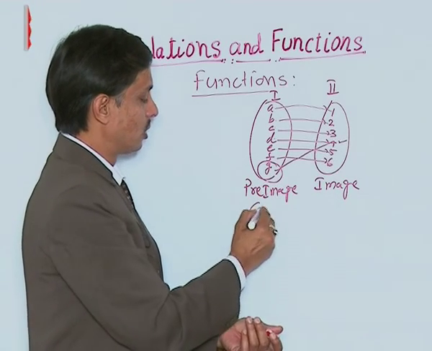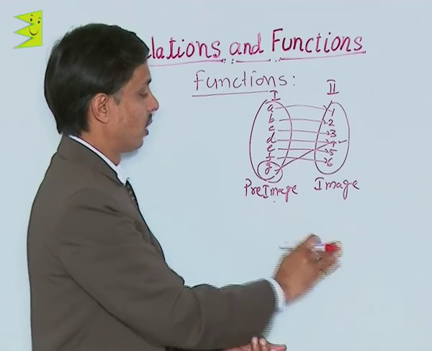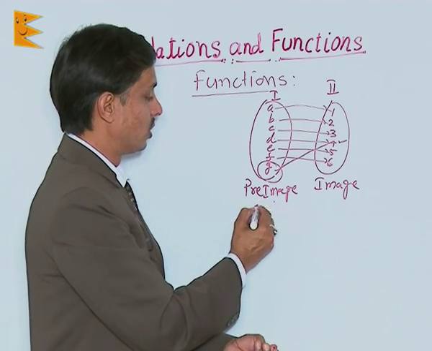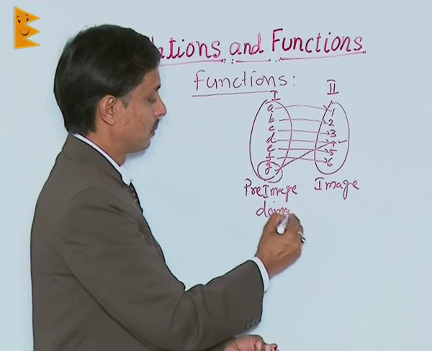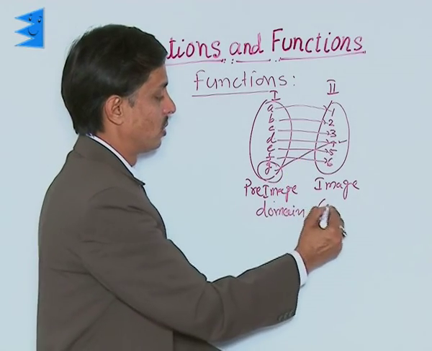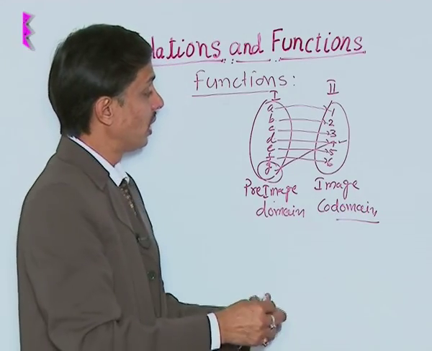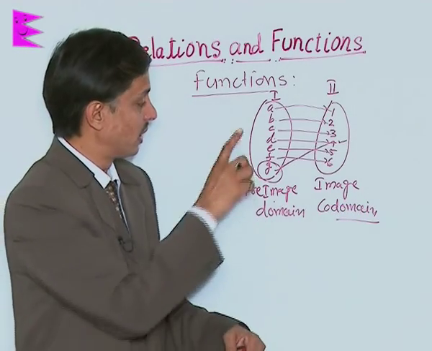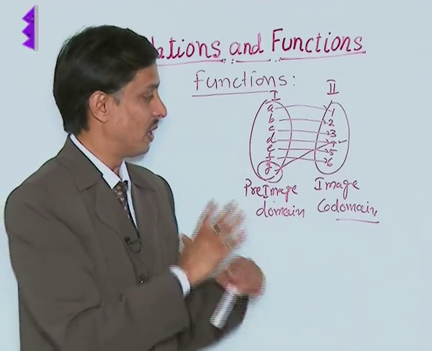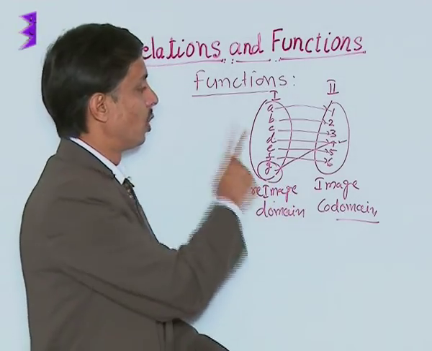Another name for the set of elements of the first set is the domain, whereas the set of elements of the second is known as the codomain. So it is very much possible that now it is a function, but if G remains unmapped, having no place to sit, it is not a function.